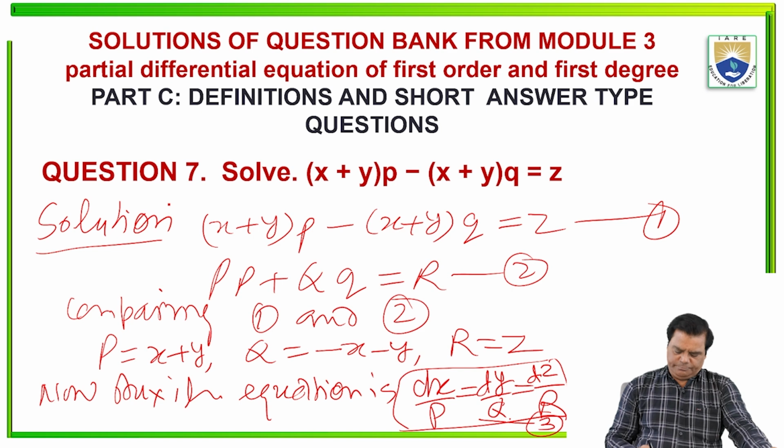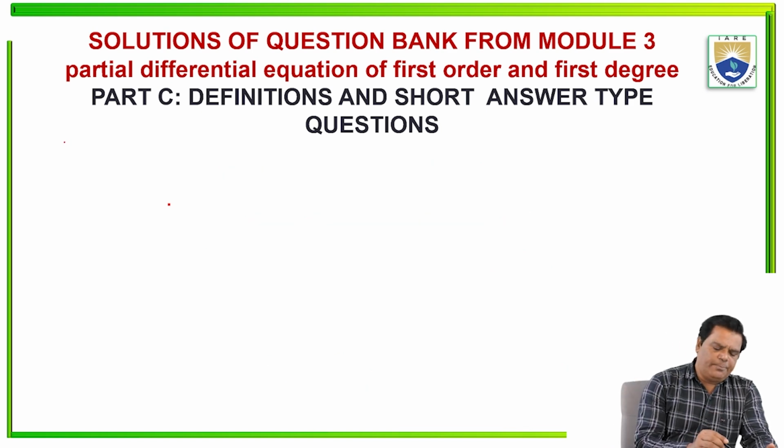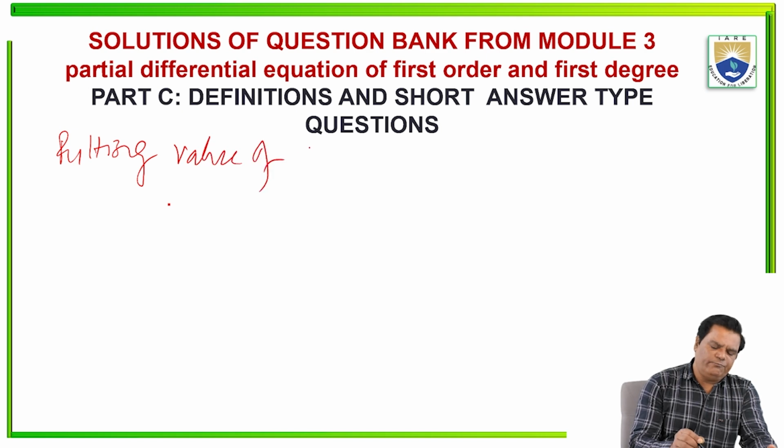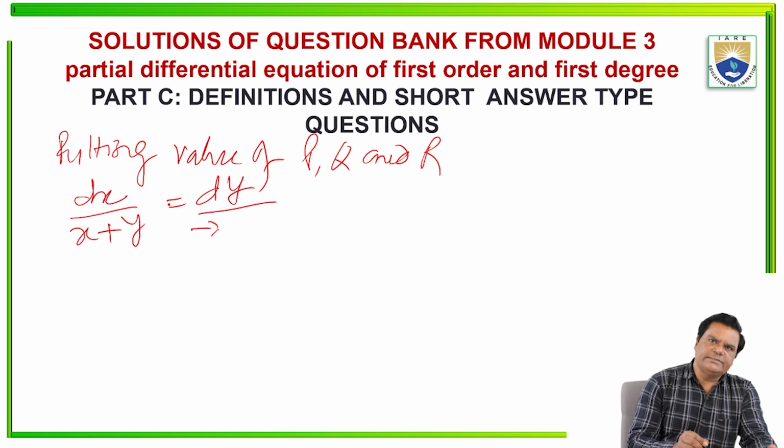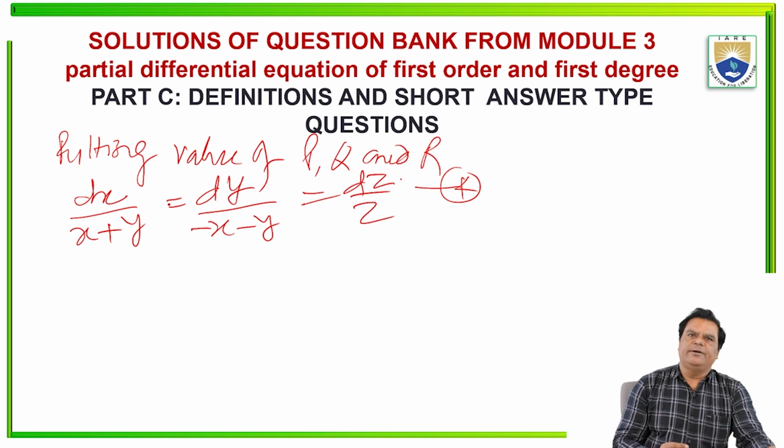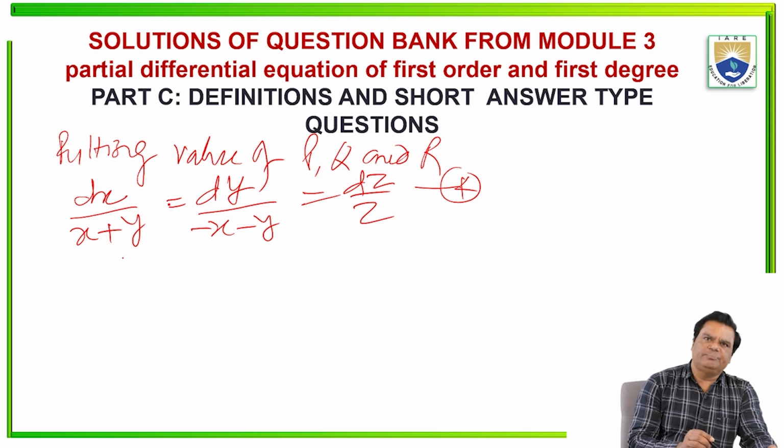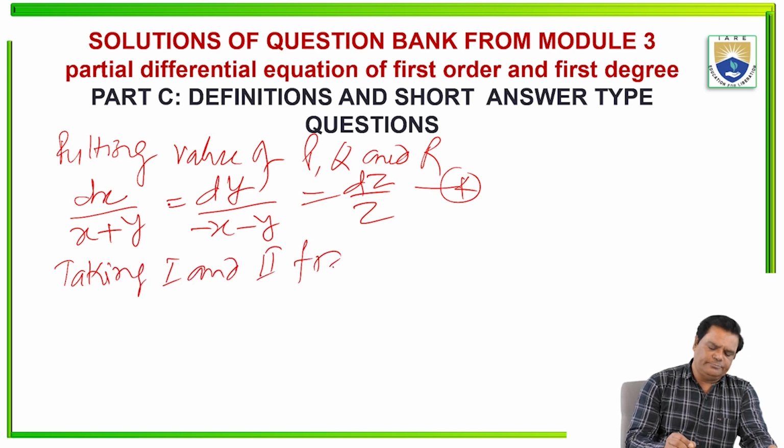Next, putting the values of P, Q, R, we get dx upon x plus y, dy upon minus x minus y, dz upon z. This is equation 4. Taking the first and second fractions.